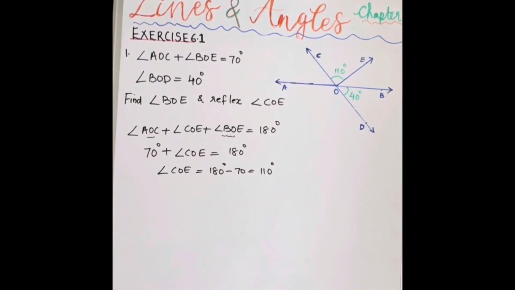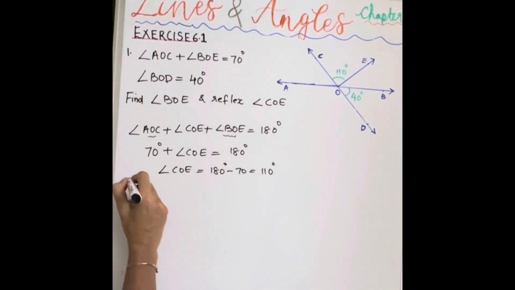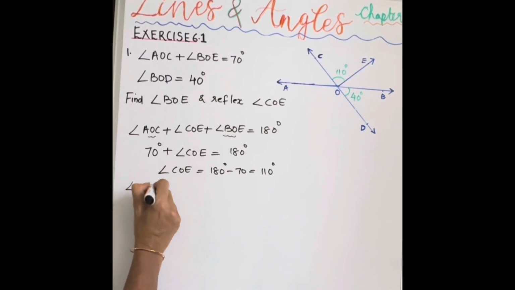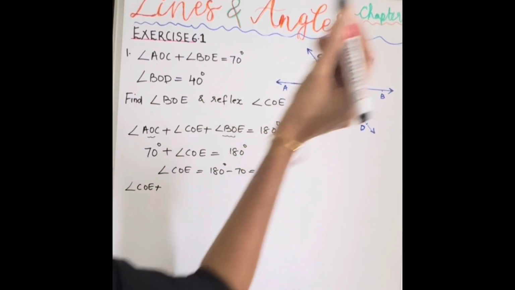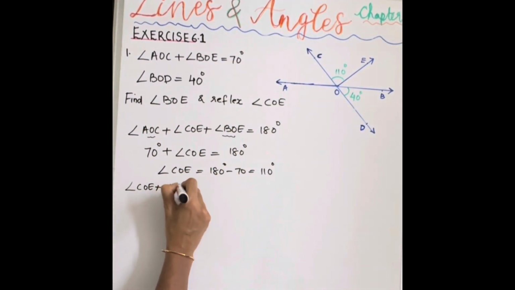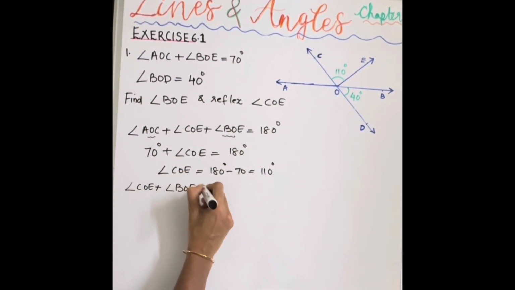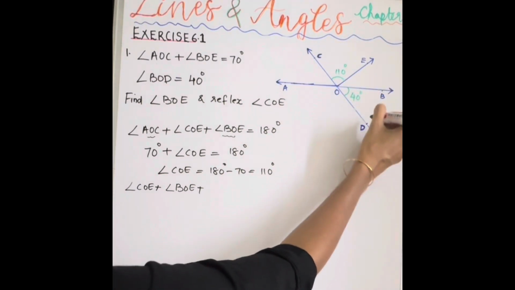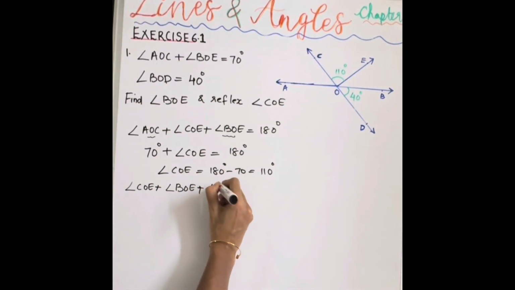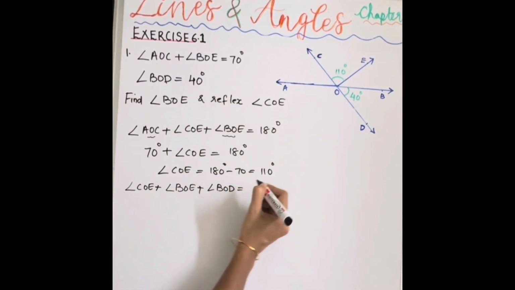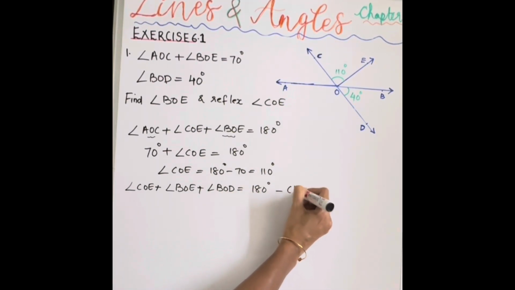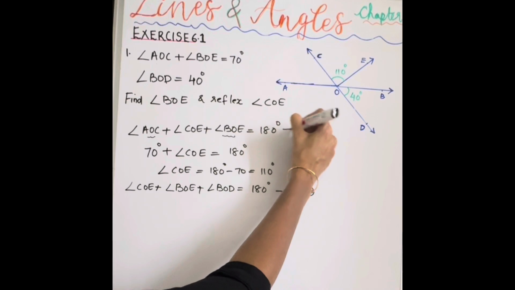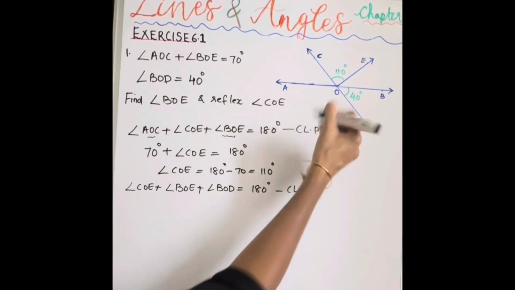Considering line CD, we can write angle COE plus EOB, or we can write angle BOE plus BOD is 180 degree. Why? Because this is a linear pair. We write LP here, also here LP, linear pair.